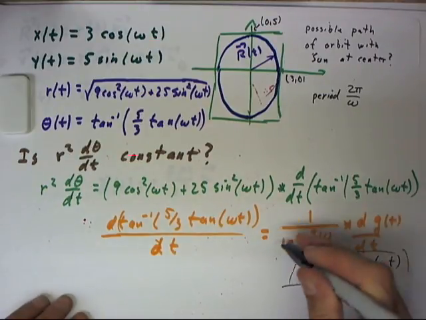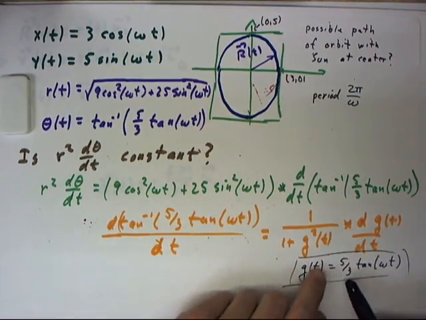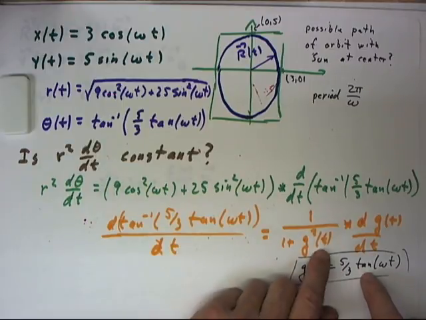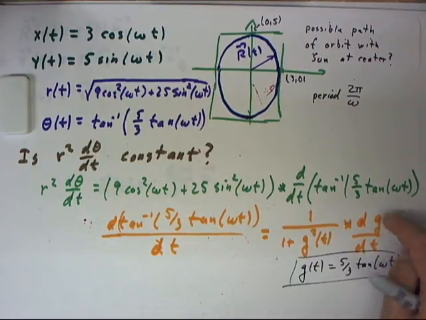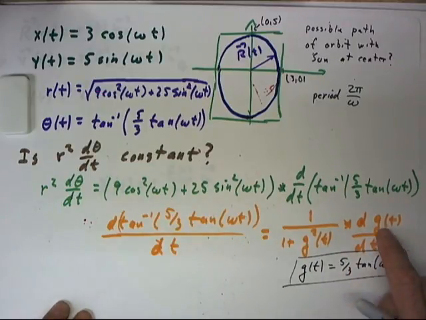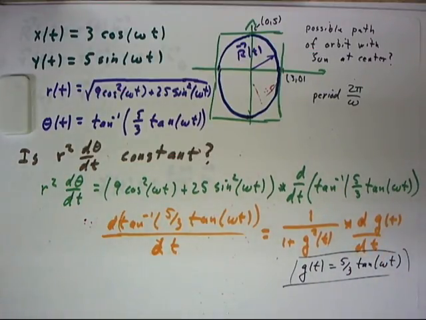So we're going to have 1 over 1 plus 25/9 times the square of the tangent of omega t. That's going to occur here, but we've also got to have the derivative with respect to t of our g of t function.